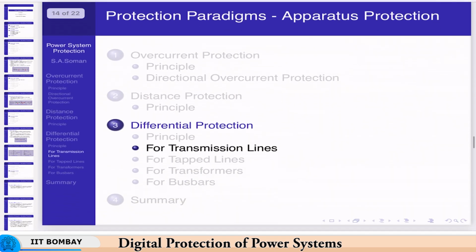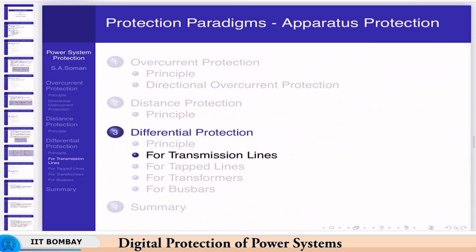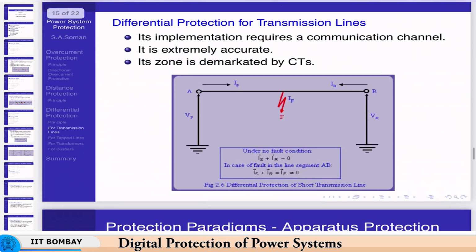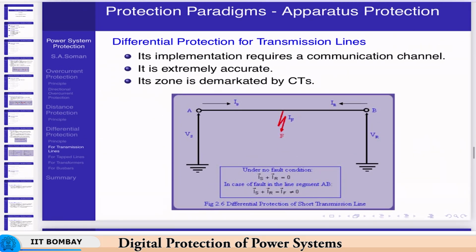Okay, so we will see the application to transmission lines. This is the figure. If you observe here, there are a few assumptions which are made. The transmission line is considered as a lumped element, because otherwise it is a distributed parameter element where you have distributed shunt capacitance and distributed inductance also.